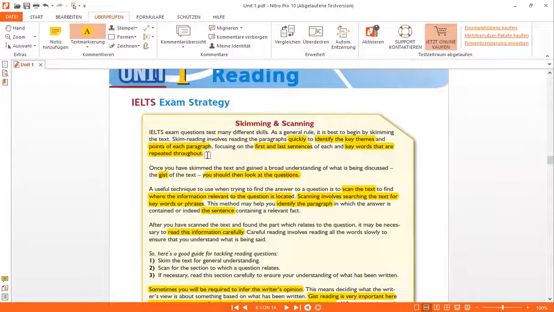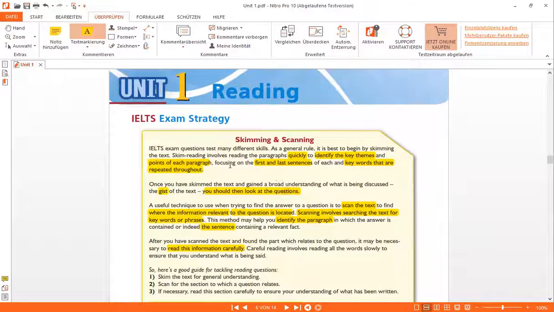You're reading and looking for the gist of the information, but it's still reading. It's not like you just pass your eyes over the text; you still read, but you read for the gist. If you have a very tall text, which is very typical in the IELTS reading parts, you're probably going to need about 4 to 5 minutes to do the skimming.